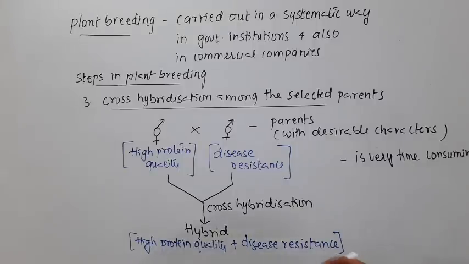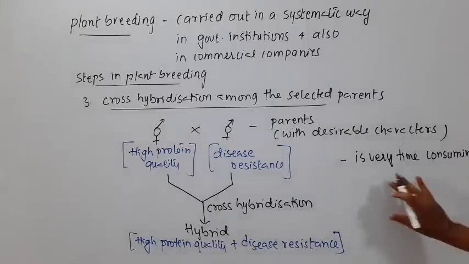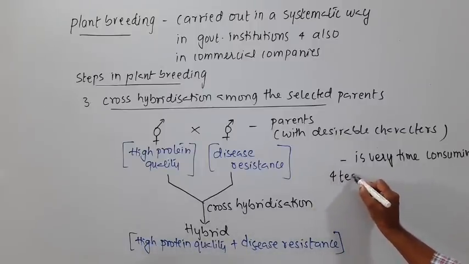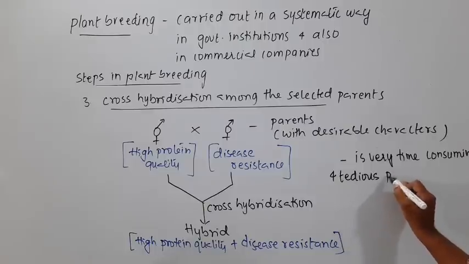It requires a lot of time because you have to sow the seeds, grow them, and then see whether they have the desirable characters. So it's a very time consuming and tedious process.